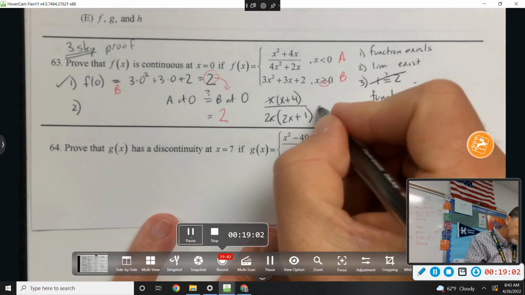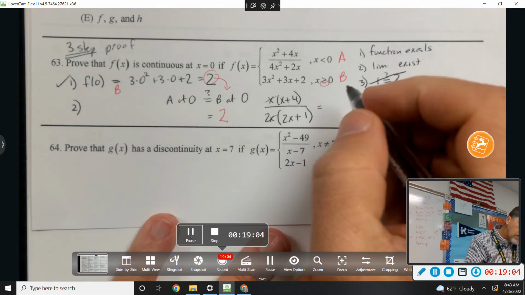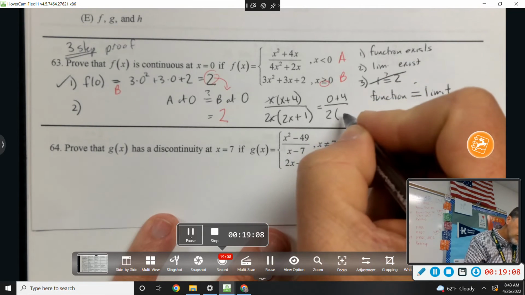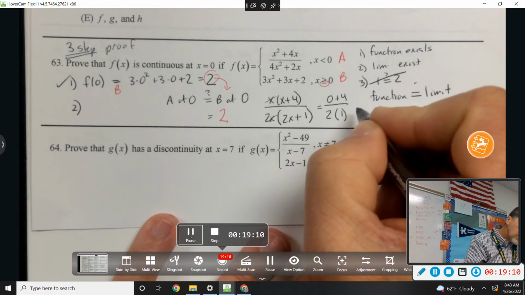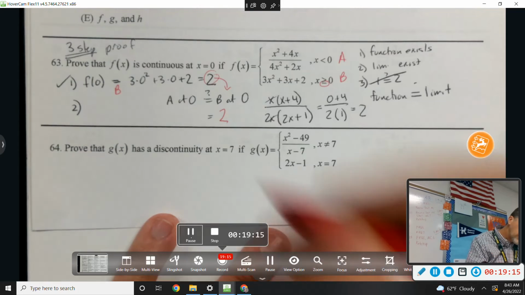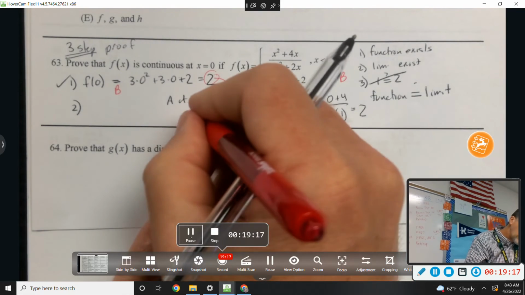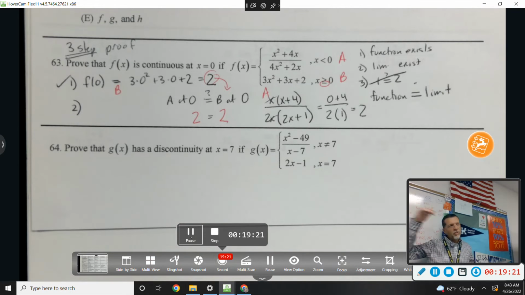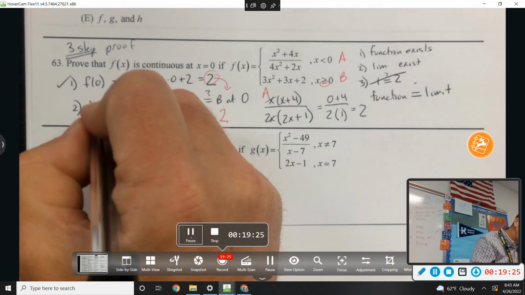So if I plug in 0, I get 0 plus 4 over 2 times 1. 4 divided by 2 is 2. Again, this was branch A. So 2 equals 2. That means coming from branch A and coming from branch B, they meet up, and so the limit equals 2.